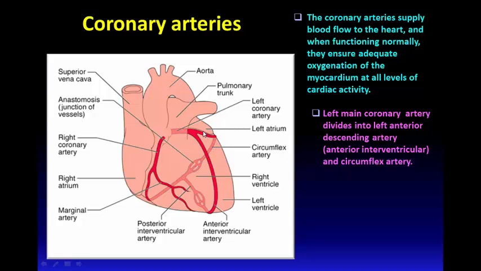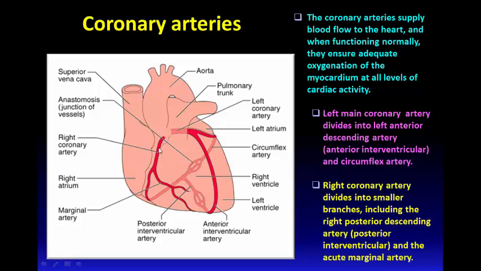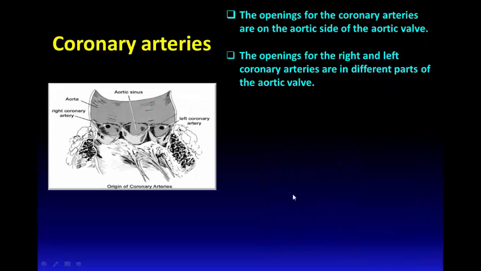So these are the two main branches of the left coronary artery. The right coronary artery divides into smaller branches, including the right posterior descending artery, which is also known as the posterior interventricular artery, and the marginal artery.